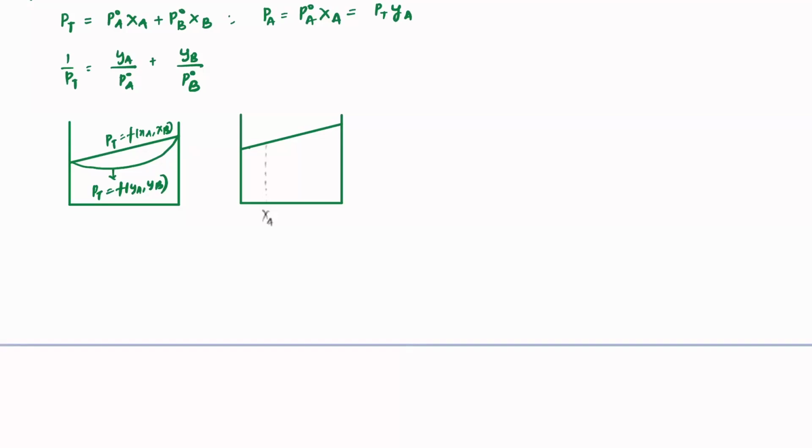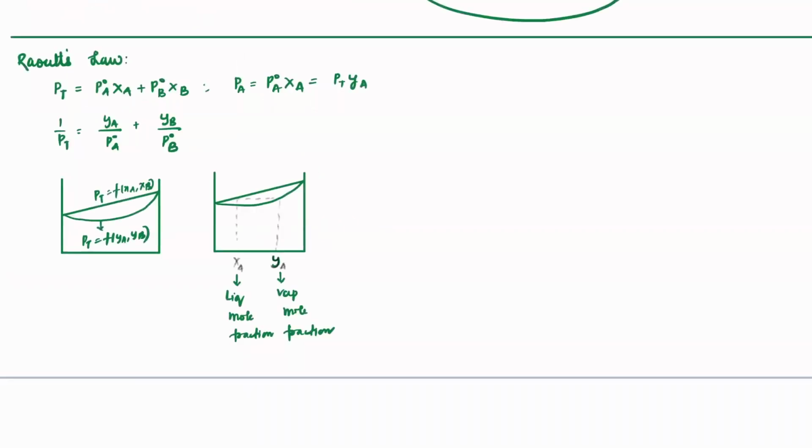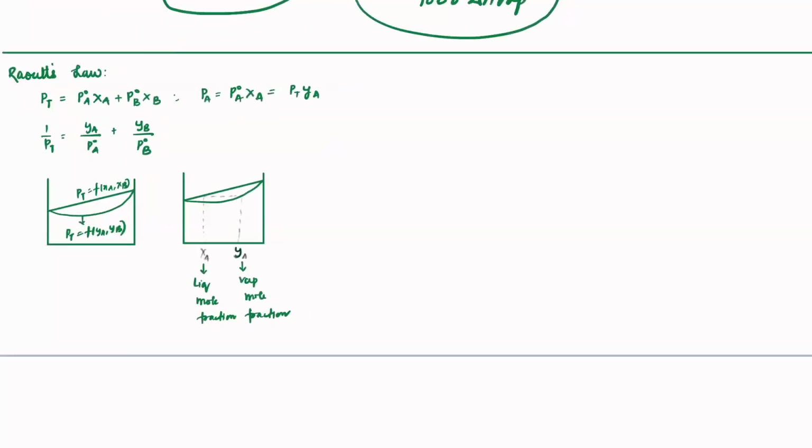And in this graph somewhere here, if it goes this way, as it touches here, this represents YA, which is the liquid composition, liquid mole fraction for a particular component, and this is vapor mole fraction for a particular component. Okay, this is one important area which we learned. So please do understand that carefully. So this particular graph is what we call VLE, vapor liquid equilibrium.